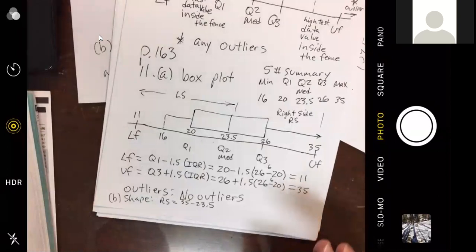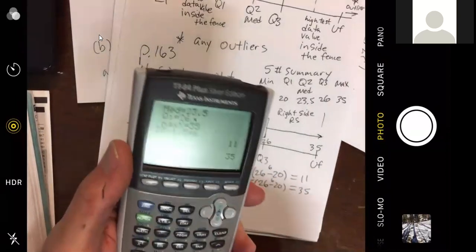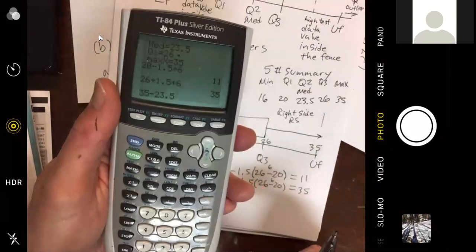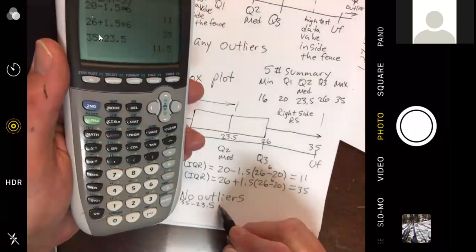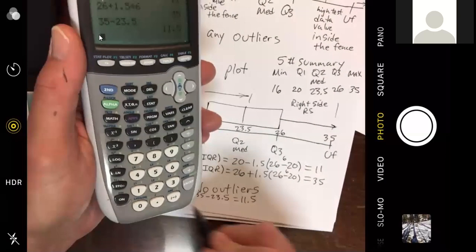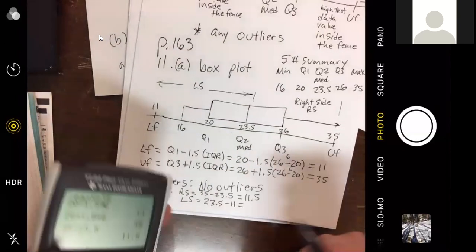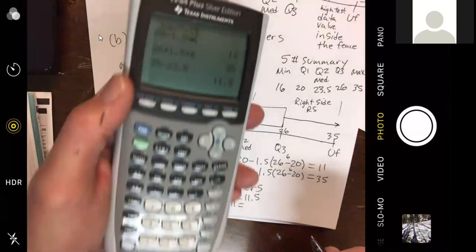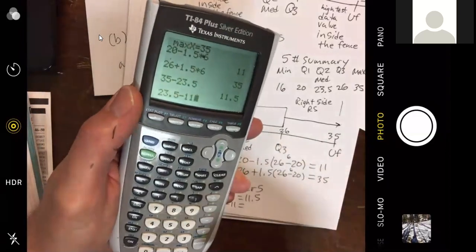We go to the next page. 11.5. Left side, that would take 23.5, subtract 11. 12.5.